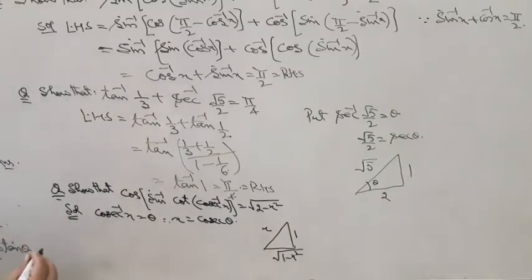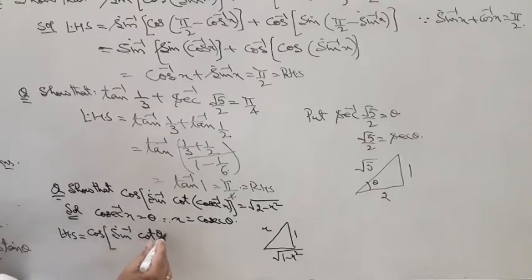So the left hand side is cos of sine inverse of cot of cosecant inverse x, that is cos of sine inverse cot θ. This is cot θ. Check up. Here is θ.